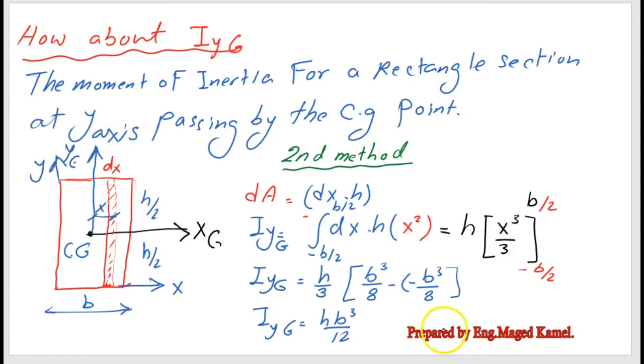Minus multiplied by minus will give us plus sign. So we have h over 3 multiplied by 2b cubed over 8, which is hb cubed over 12, the same result which we have obtained using the parallel axis theory.